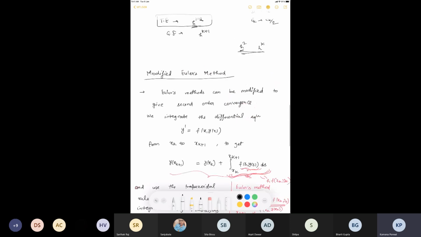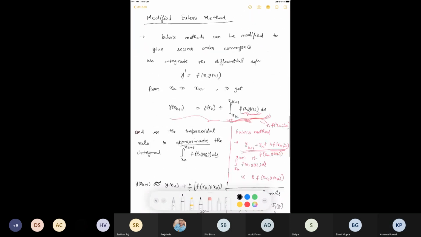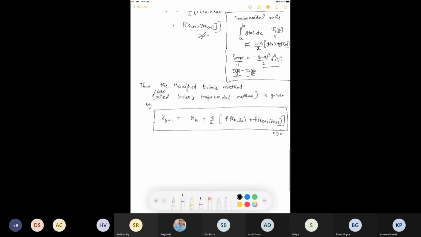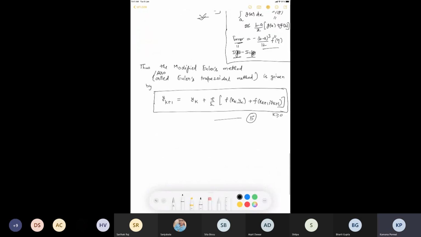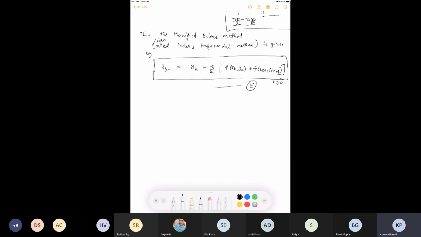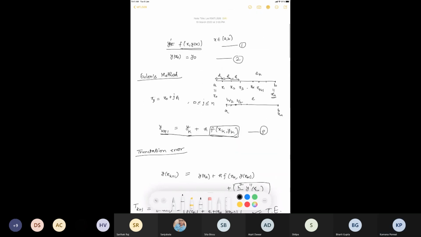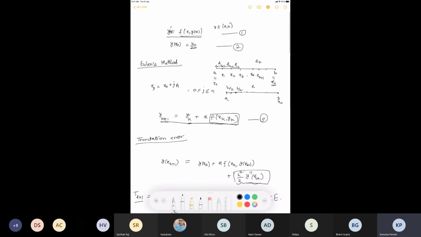Let's give it an equation number. But if you pay attention to this method, what have you got? Usually you have y naught given to you. You start at x naught knowing y naught, then you compute y1, then using y1 you compute y2, and so on.